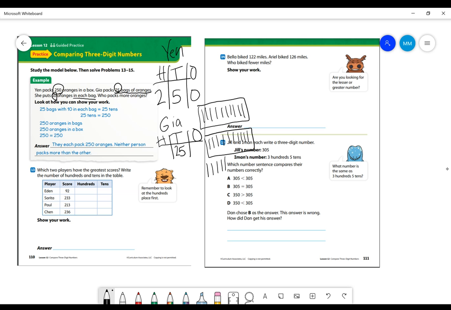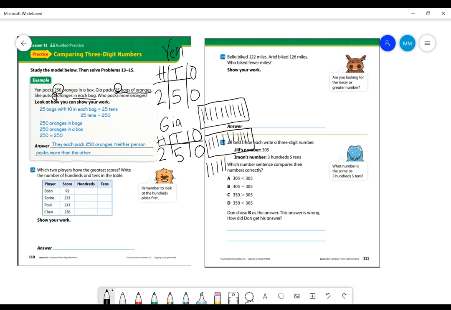Looking at our tens, how many hundreds did we have? In 25 tens, we have 2 hundreds and 5 tens. Do we have any ones left over?